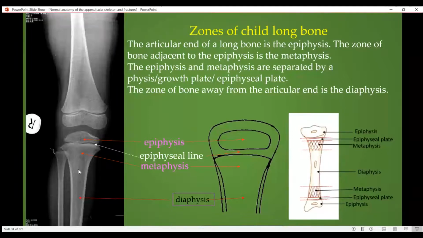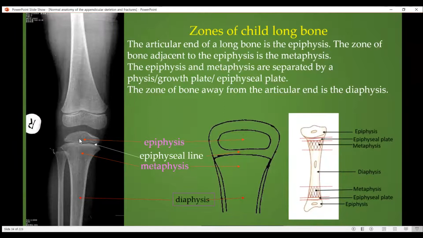This is the proximal epiphysis of the tibia, yes or no? So this is the distal epiphysis of the femur and this is the proximal epiphysis of the tibia. So do not confuse this one.